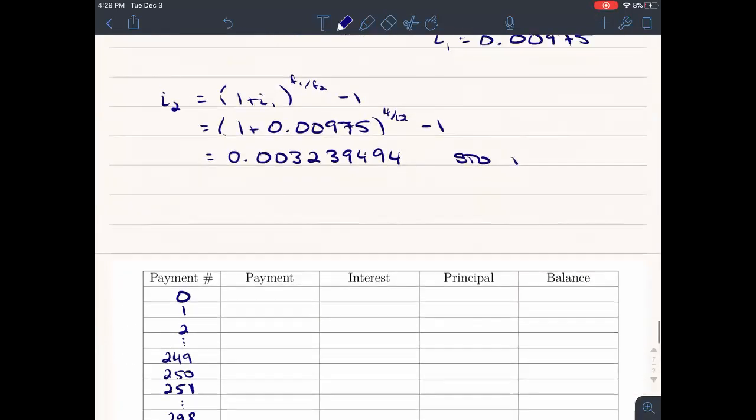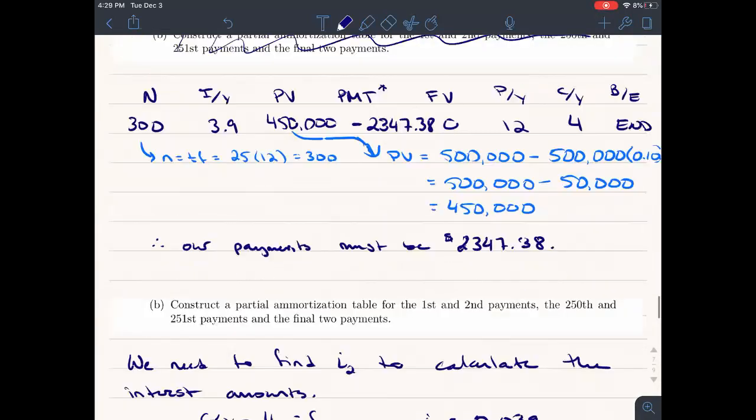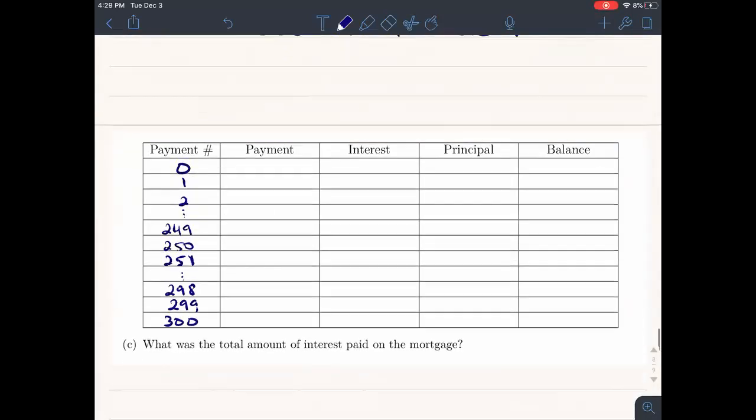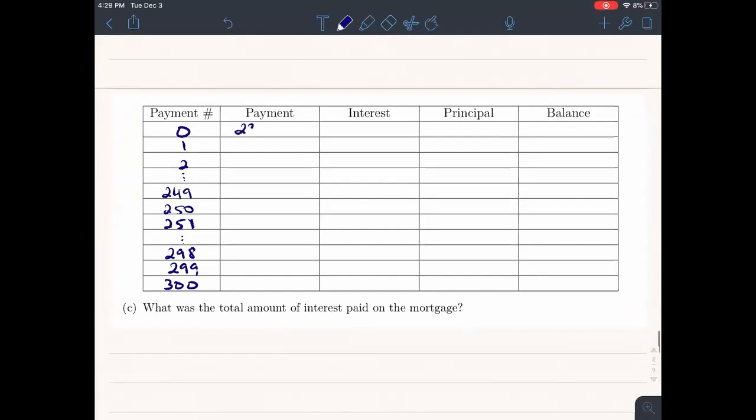Our payment amount is the same. That's the amount that you found, 2347.38. It's positive because we're not talking in terms of the calculator. Oh, what did I do wrong here? There's nothing in the 0 row. I could feel you guys reacting. Hey, I thought you said. You're right. 2347.38.